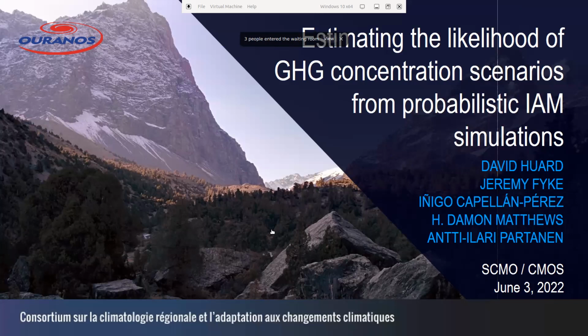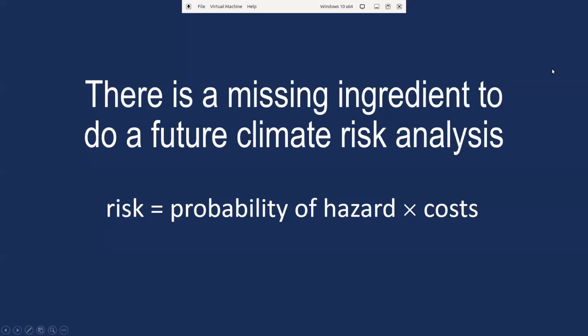So the point of this talk is to discuss how we can estimate the likelihood of different greenhouse gas concentration scenarios that we typically use in climate risk assessments. And the idea is that there's a missing ingredient, I believe, in future climate risk analysis. When we look at the definition of risk, it's basically the probability of a hazard times the cost of this hazard.